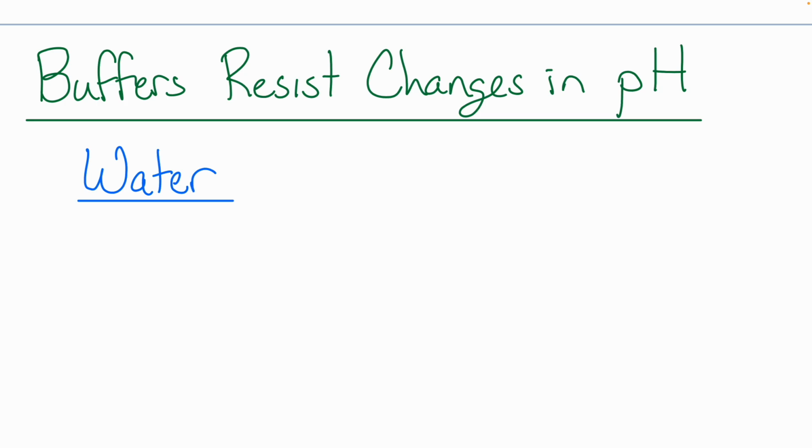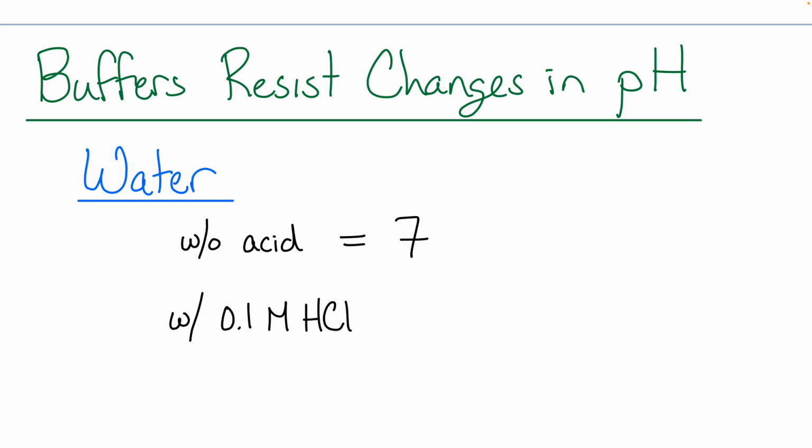All right, and this is going to be without any acid added. What's the pH of water without any acid or base in there? Neutral, right? So it's that pH of 7. And now I want you to add 0.1 molar HCl. This is our strong acid.